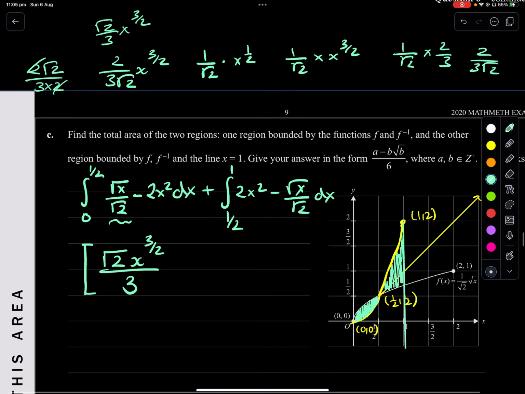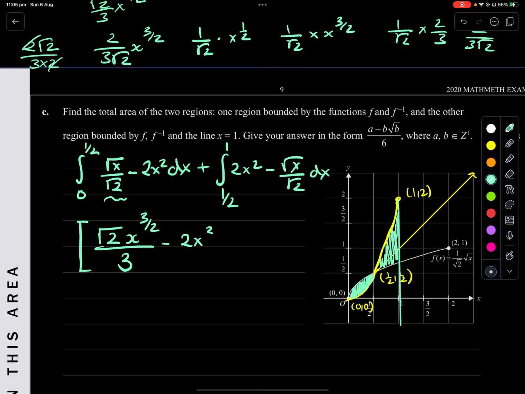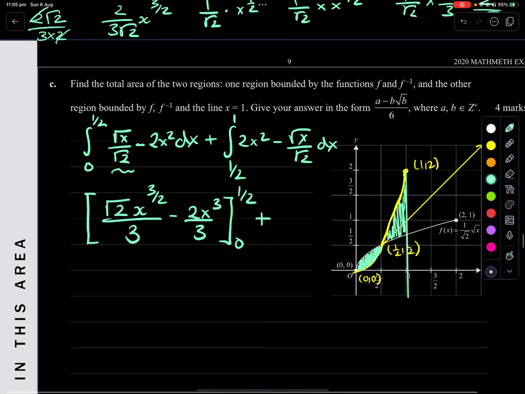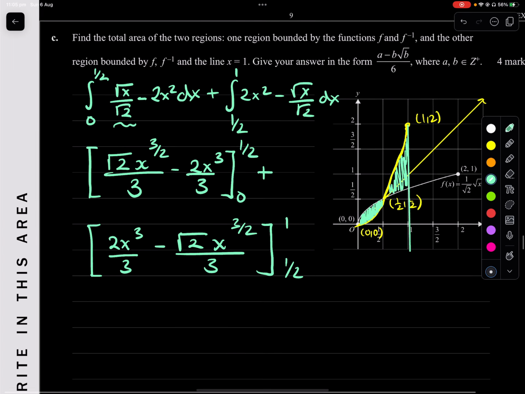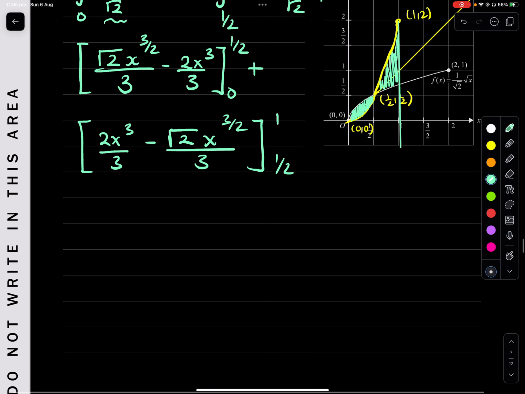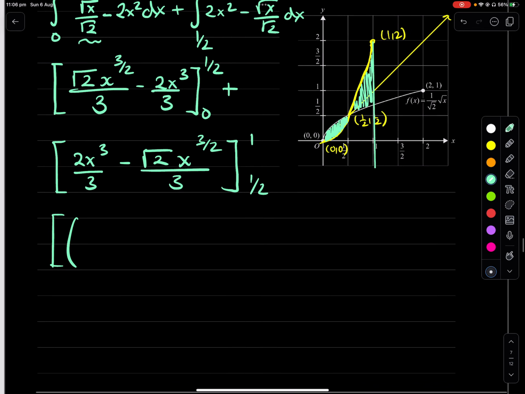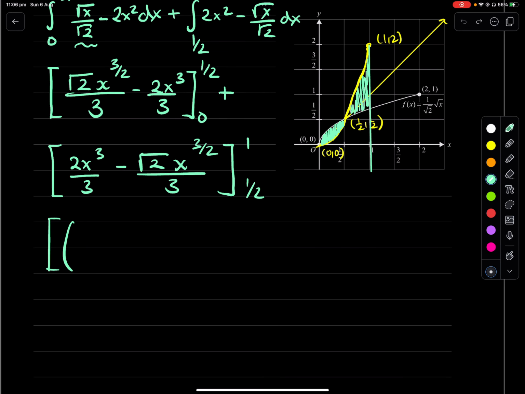Minus 2x cubed over 3, from 0 to half, plus the integral of 2x cubed over 3, and we're just going to use the same because we already found this, minus root 2 x to the 3 over 2 all over 3, from half to 1. Simplifying this, let's put a half onto this function first.